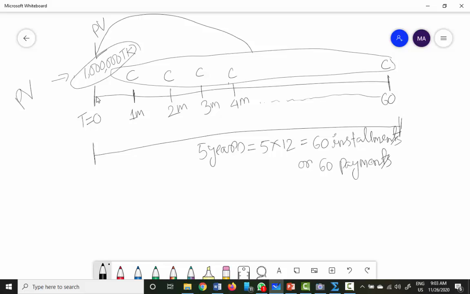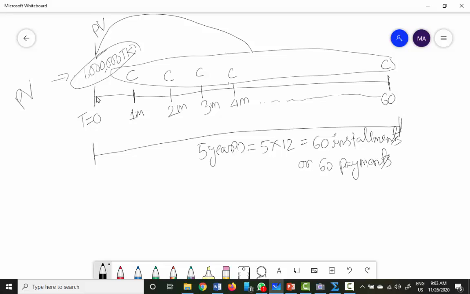Right? So as you already know, you need to pay an equal amount of cash flow for a fixed period of 5 years. So multiple periodic payments are there, monthly payments. So this is an annuity.